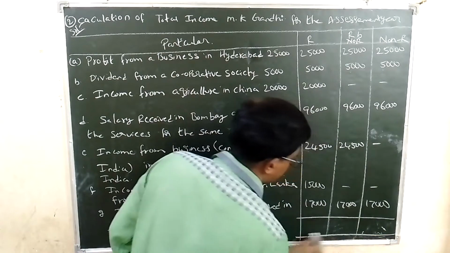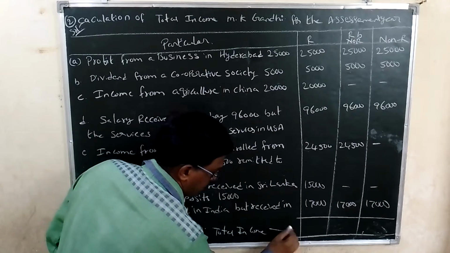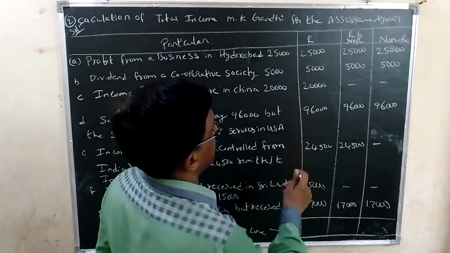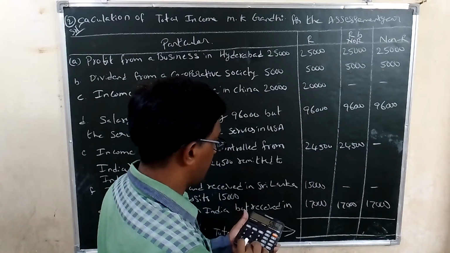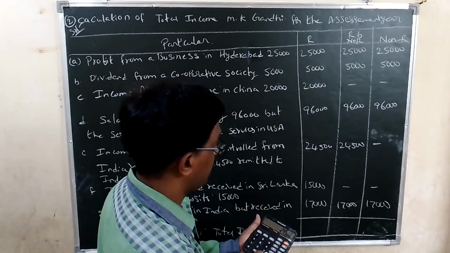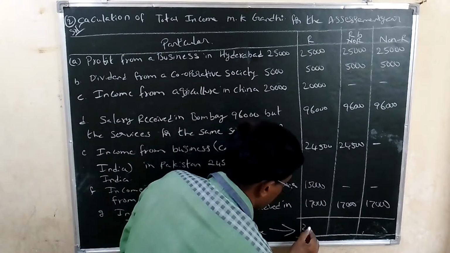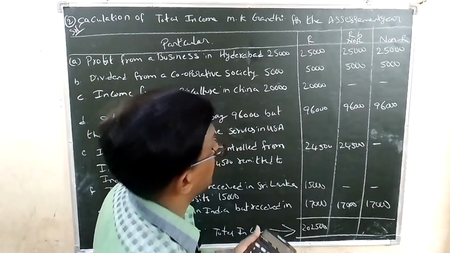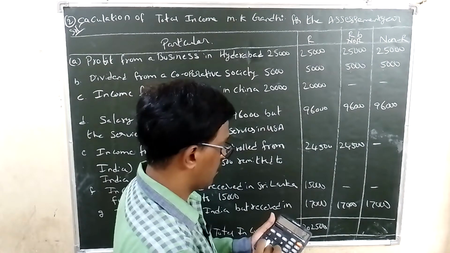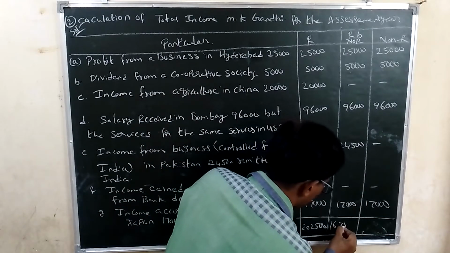Let us calculate the total income. 25 plus 5, 30, 50,000, 96,000, 24,500, 15,000, 17,000, 2,52,500. Then 30,000, 96,000, 24,500, 17,000, 1,67,500.